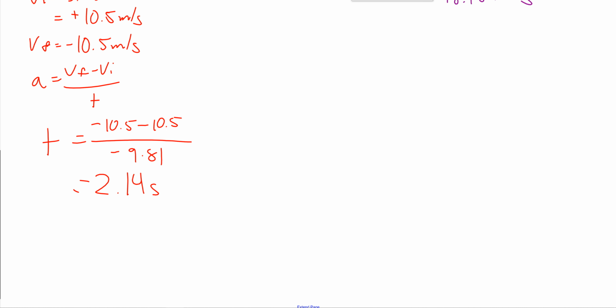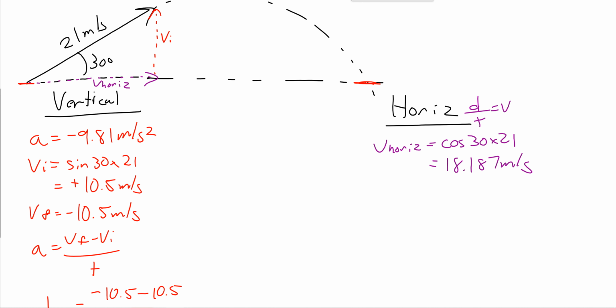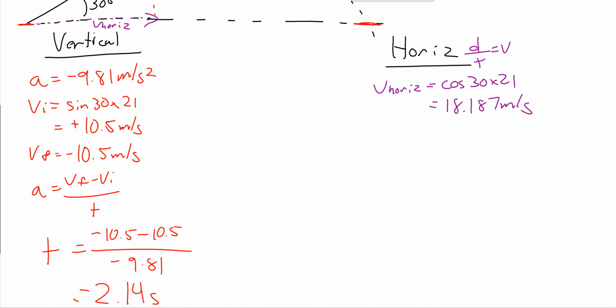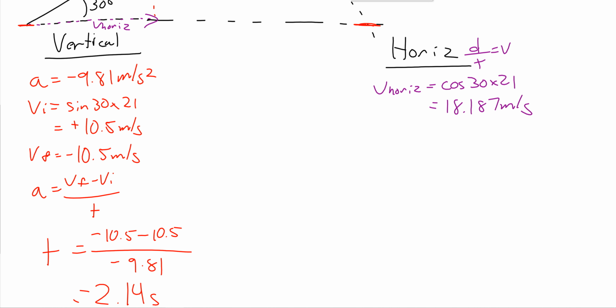Now I can bring that 2.14 seconds over to the horizontal part, because both the horizontal and vertical parts only happen for that long. After that, the rock hits the ground.